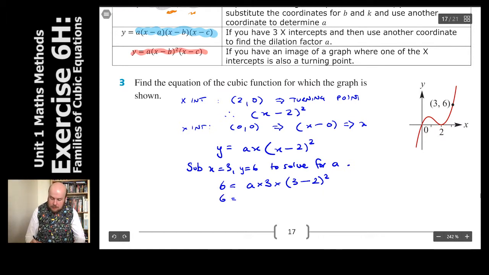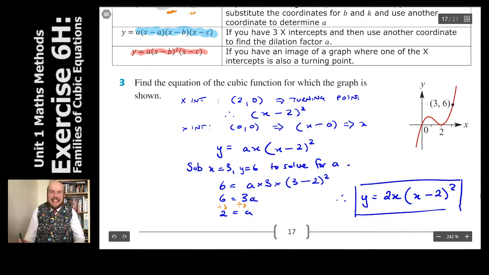So 6 is equal to 3a. We need to divide both sides by 3. 6 divided by 3 is, of course, going to be equal to 2, so a is 2. Therefore, my equation is equal to 2x brackets x minus 2 squared. There is my lovely equation. Splendid.